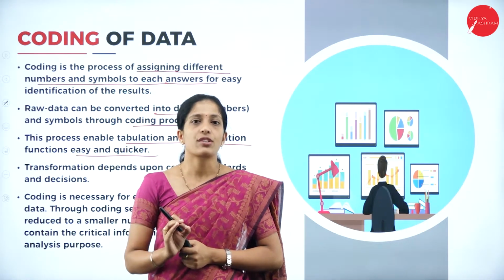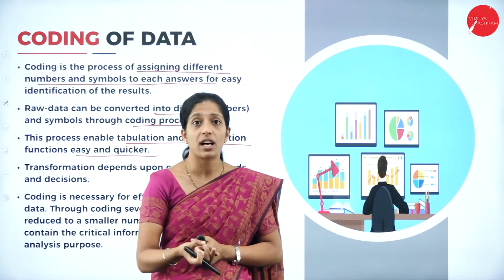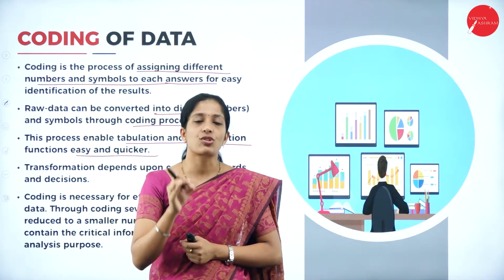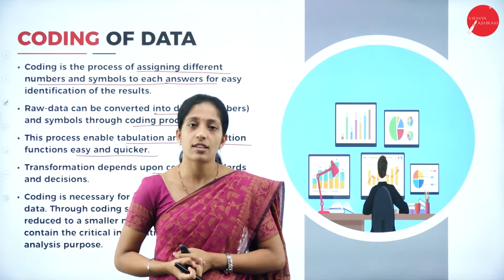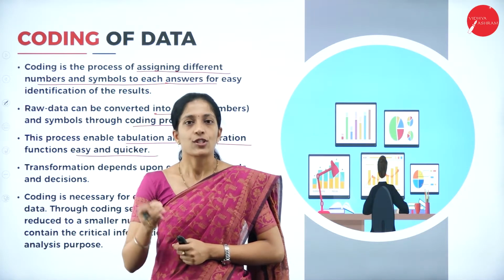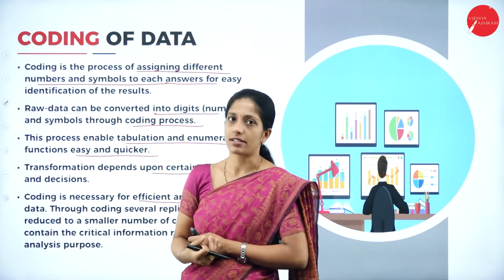As I've already told you, coding means assigning symbols or numbers or any other pictures to a particular answer, so that identification of answers takes place very easily. Coding can take place before research as well as after research.